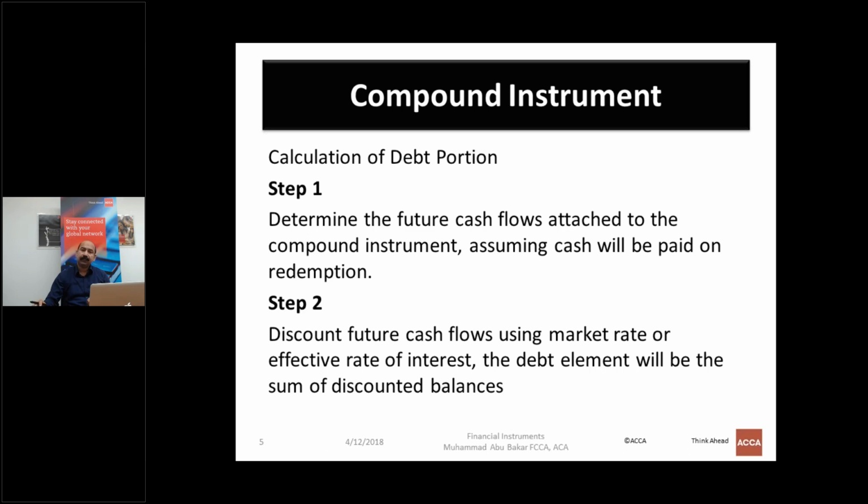So next, we shall discuss if there is an issue cost, because yesterday we discussed 2 illustrations in order to demonstrate how you can separate debt and equity element. Today, if there is an issue cost, because that issue cost relates to both the debt element and the equity element, what will be the method for that?